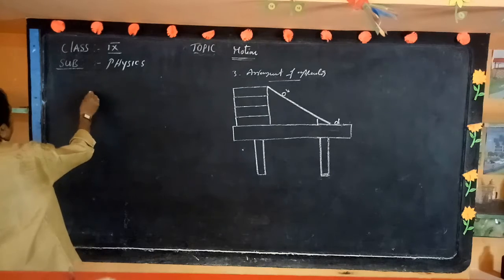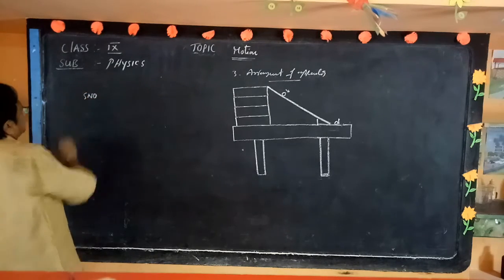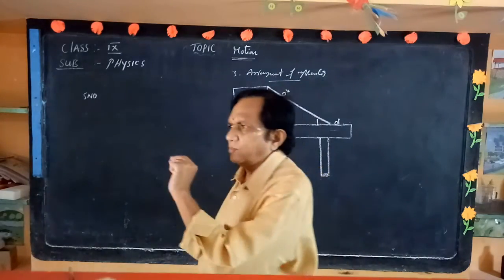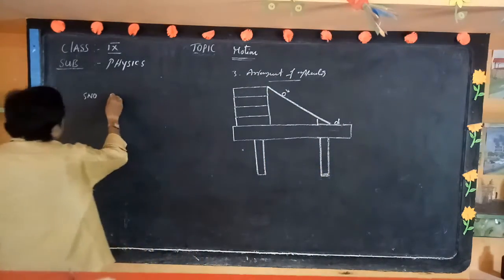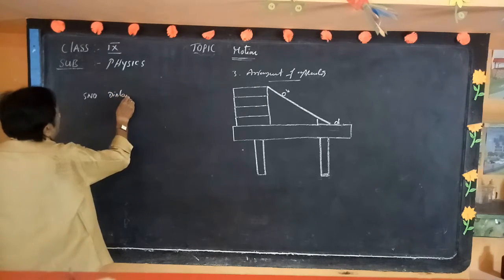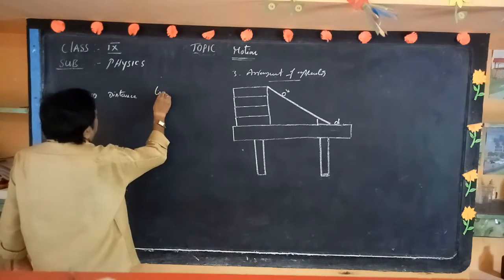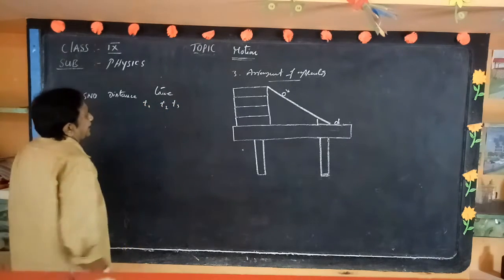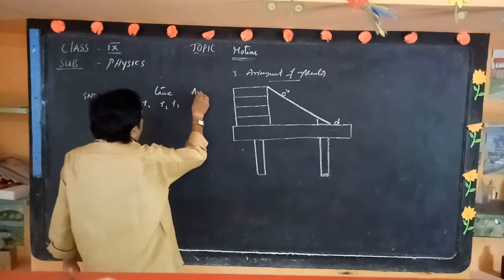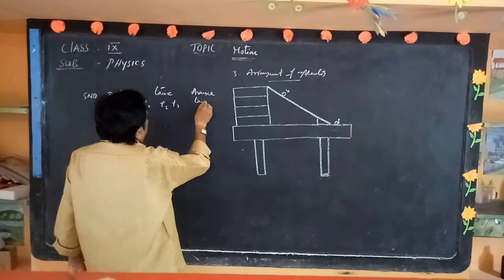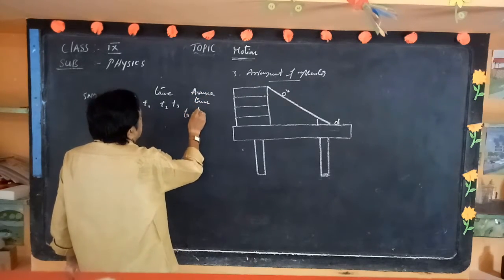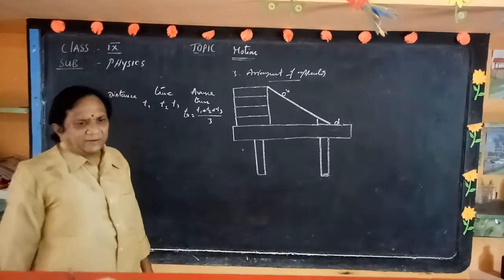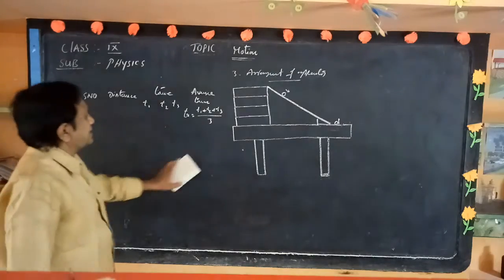Consider the table: serial number, and distance of the marble in the tube, distance, then the time to be taken, 3 tries to be taken, T1, T2, T3, then make the average time, that is, TA is equal to T1 plus T2 plus T3 by 3, the average time to be taken.